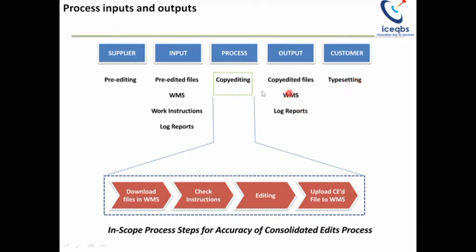So suppose now the problem we want to solve is to reduce the number of defects. Your metric says that while copy editing, the average number of defects per page is 7, and you want to reduce the number of copy editing defects from 7 defects per page to 2 defects per page. So in that case, again you try to identify the individual steps, processes, sub-processes, and which sub-process is contributing more of the errors.